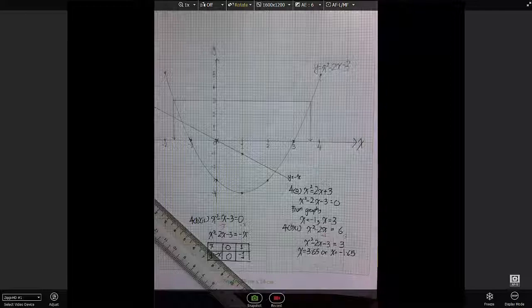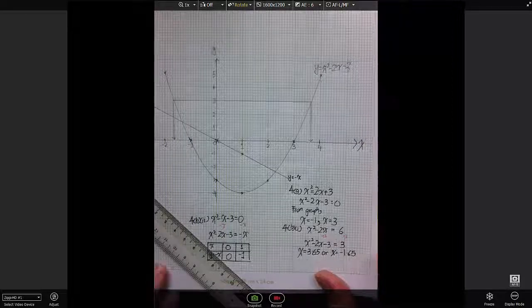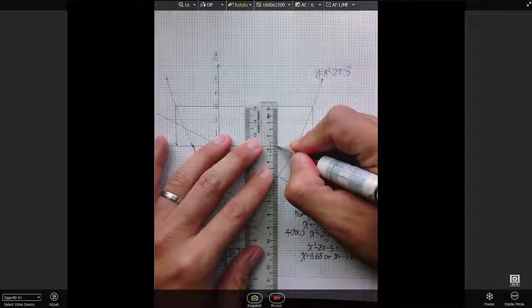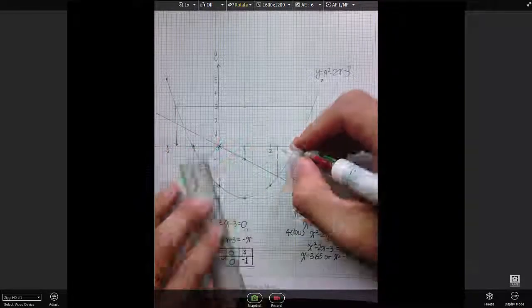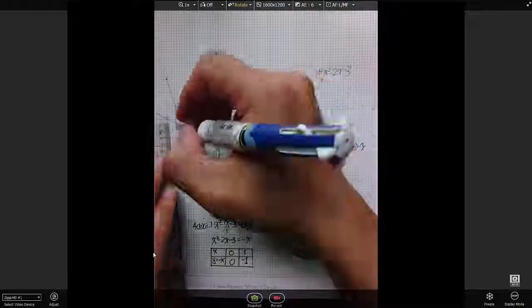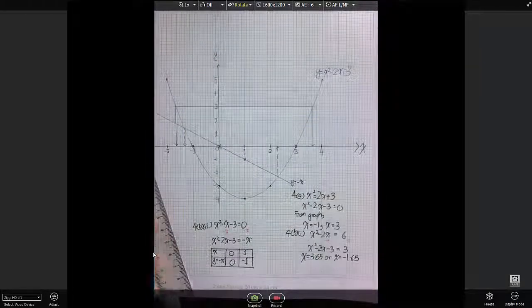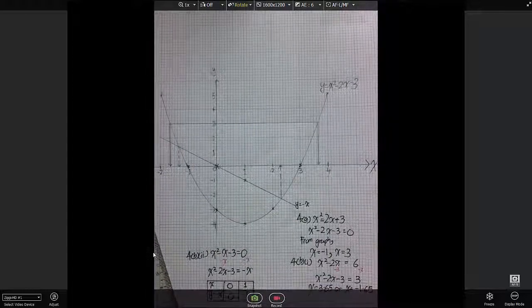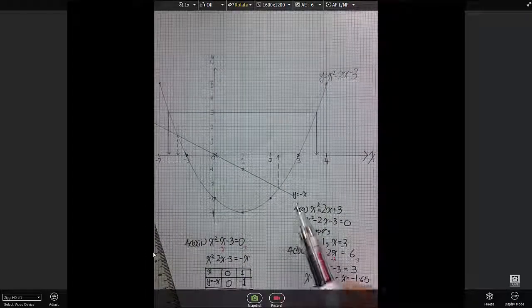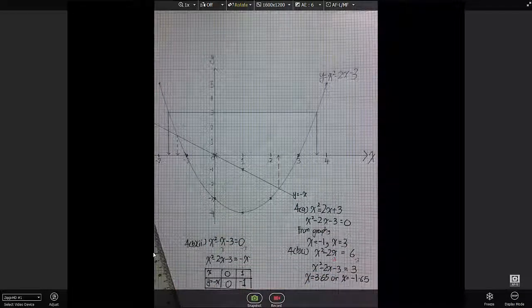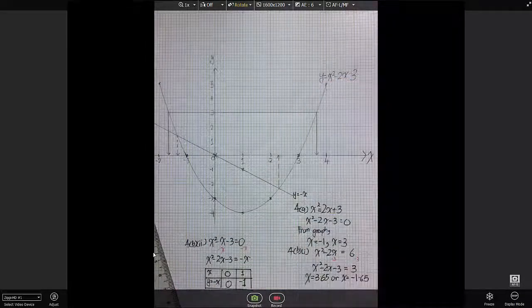So now, where do the two graphs intersect? Over here. So I draw a line upwards to see the corresponding x value. And it also intersects here like this. The intersection points are here. I see an x value here. So this point here is 2.3.